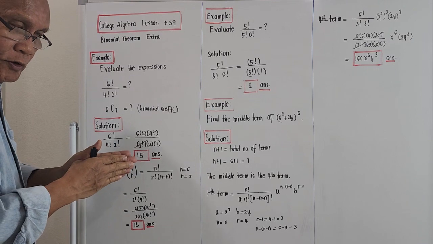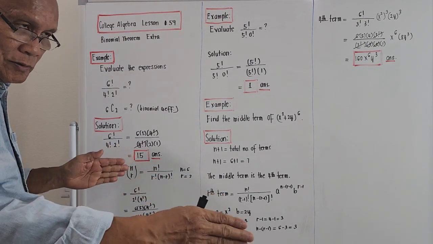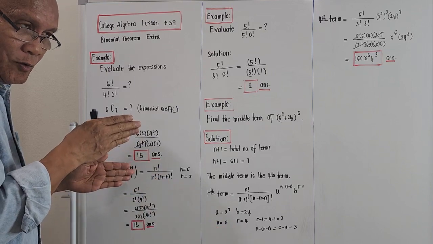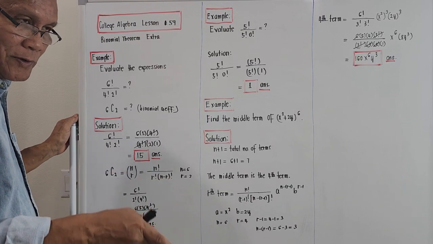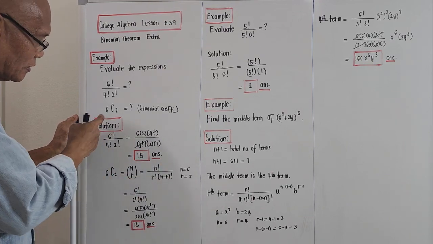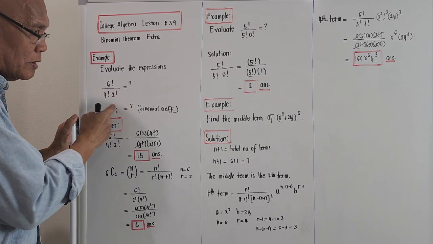Meaning, if we try to expand the binomial expansion, there will be coefficients in every term. And the designation for the coefficients in every term is written like this, 6C2.